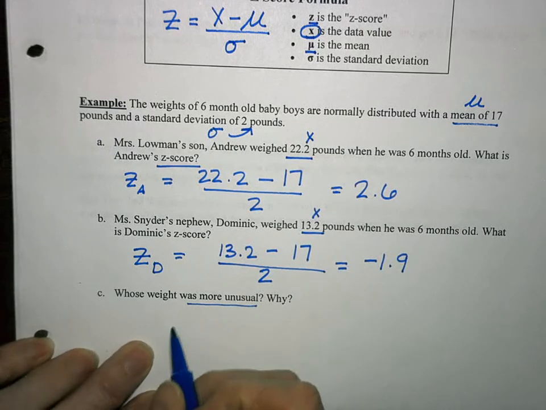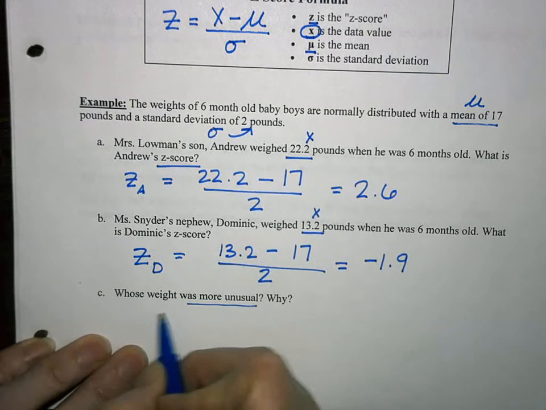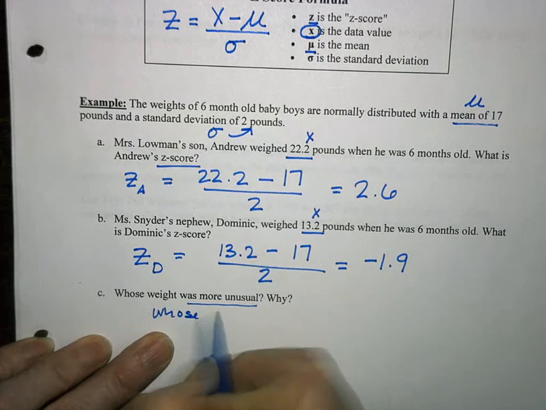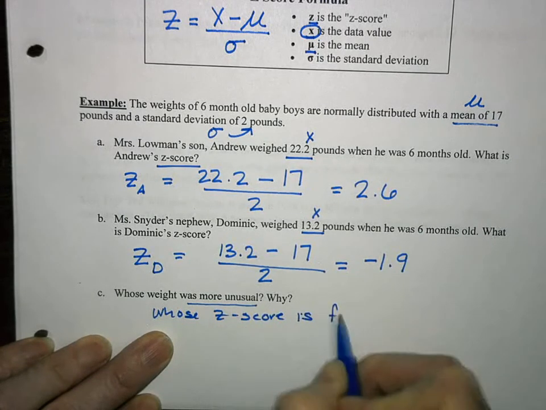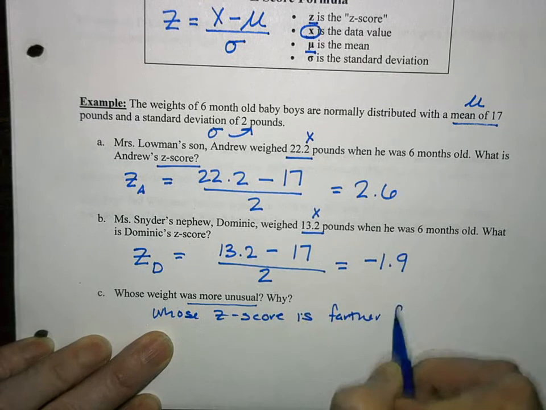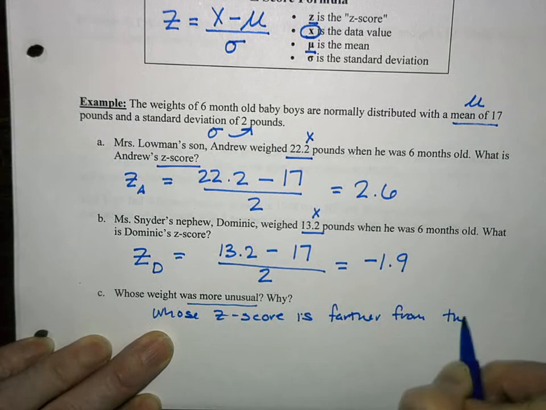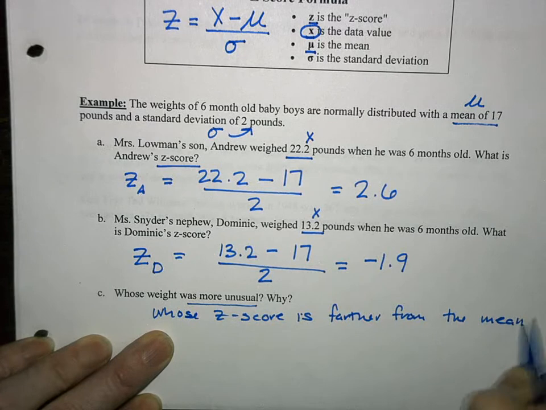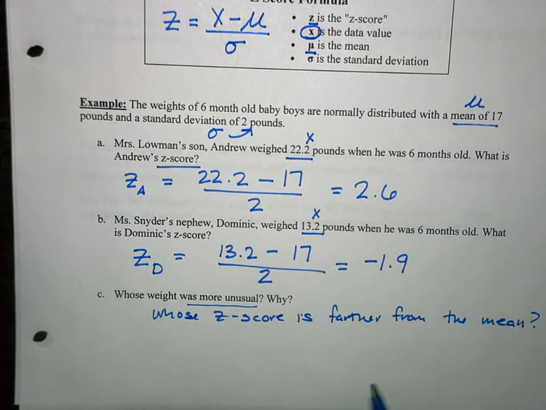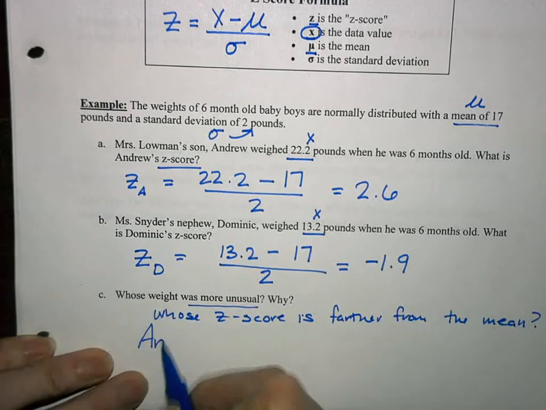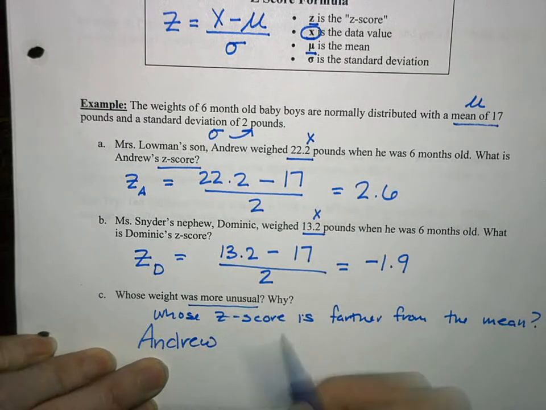So whose weight is more unusual? Another way to ask that is whose z-score is farther from the mean? Whether it's positively or negatively, who's farther away? Well, Andrew is farther away.